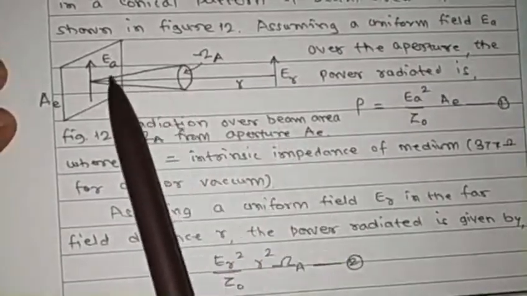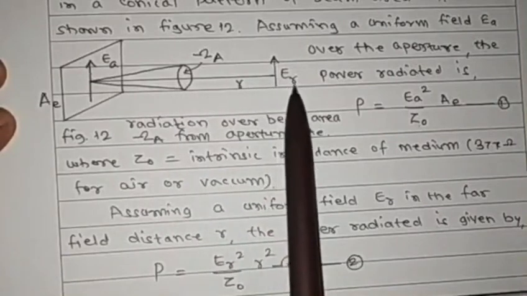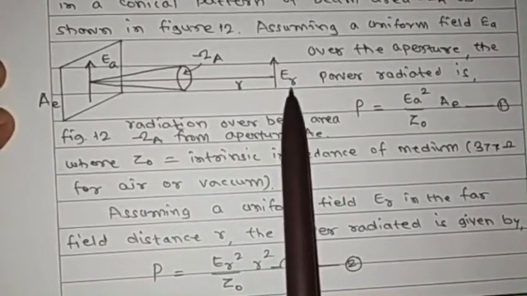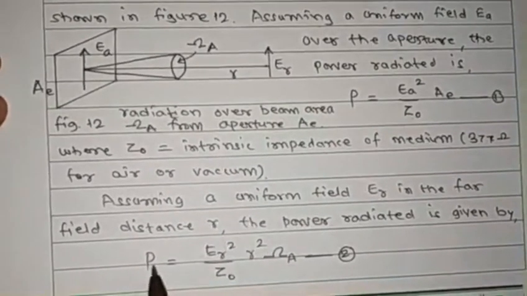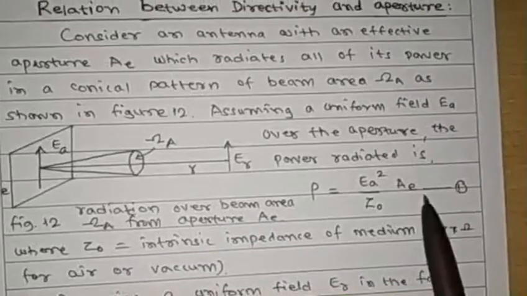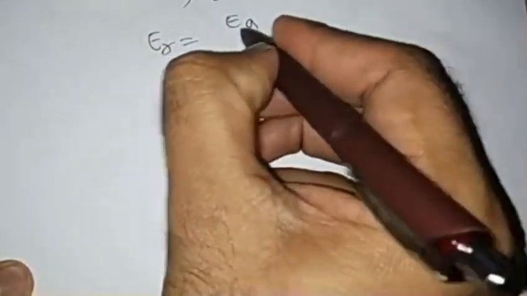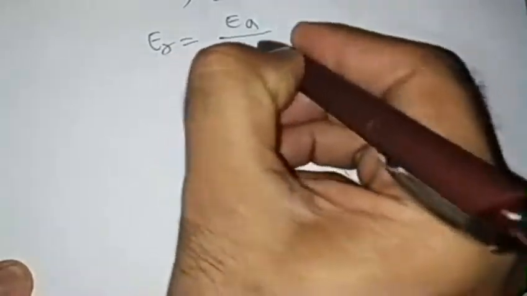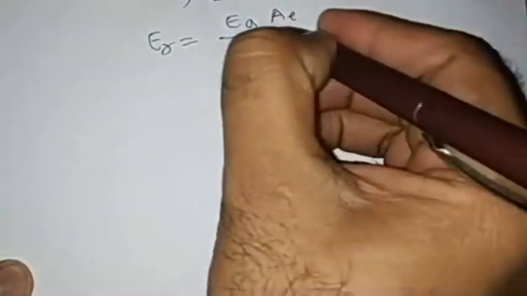Now when the antenna radiates this power at a distance r away from the antenna in the far field zone, the received power or the power available at this point can be defined as again the square of the field divided by intrinsic impedance Z0, multiplied by the square of the distance it travels R0 into the area, beam area omega A. If we compare these two equations, equation number 1 and equation number 2, and note that the radiated field ER is equal to the field from an antenna EA divided by R lambda into the effective aperture of the antenna.